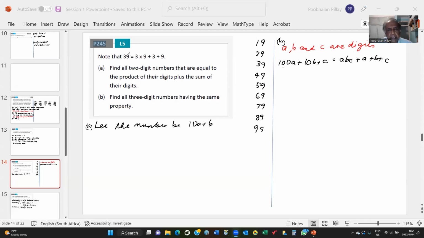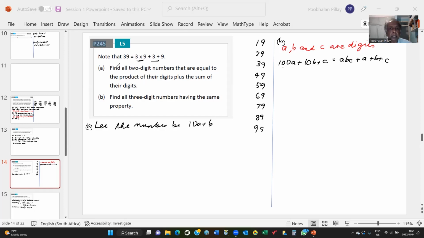So 39 has got the property that the product of its digits plus the sum of its digits is equal to the number itself. So the first question is: find all two-digit numbers that are equal to the product of the digits plus the sum of the digits. One of them is 39.